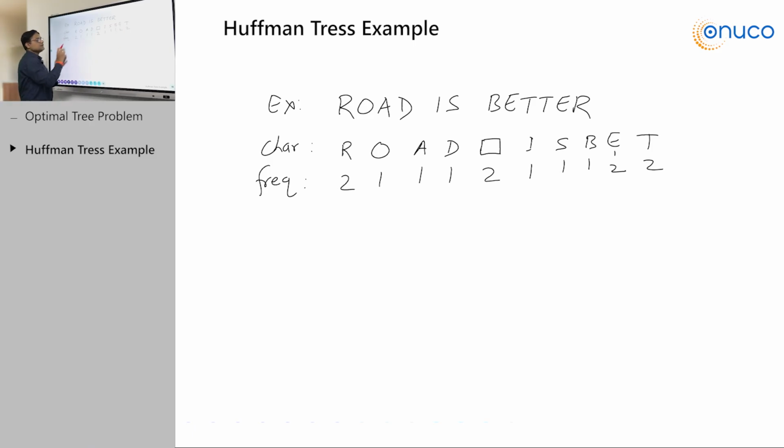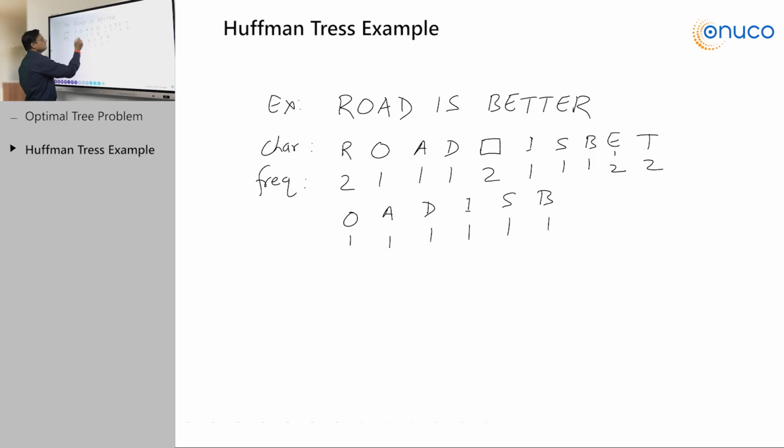So first you calculated this frequency. What is the next job? The next job is to arrange these frequencies in ascending order. So how will we do that? First, the lesser frequency values you are going to write: O 1, A 1, D 1, I 1, S 1, B 1.